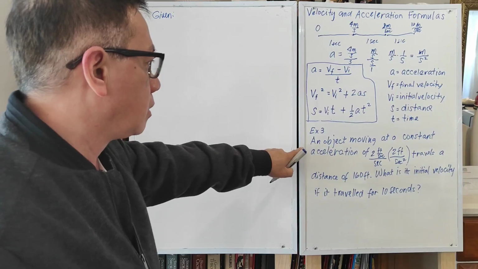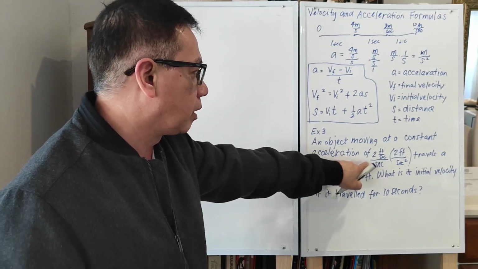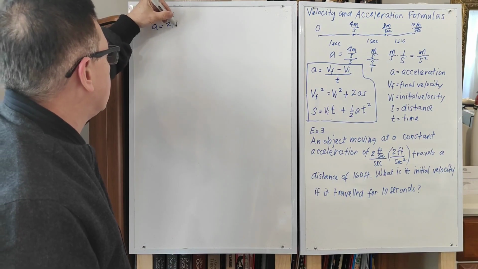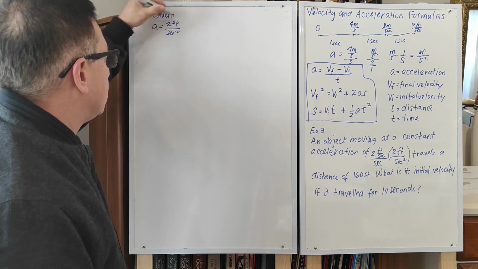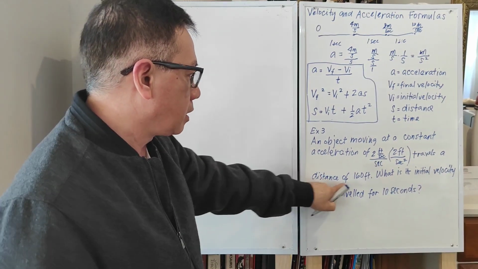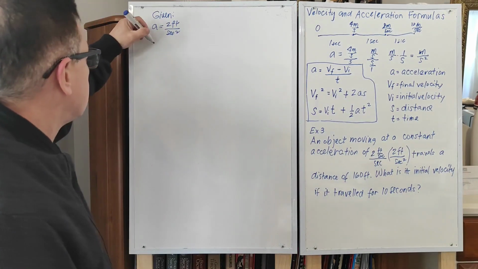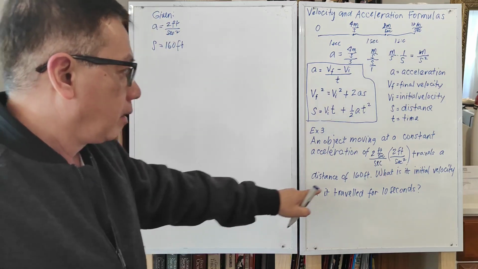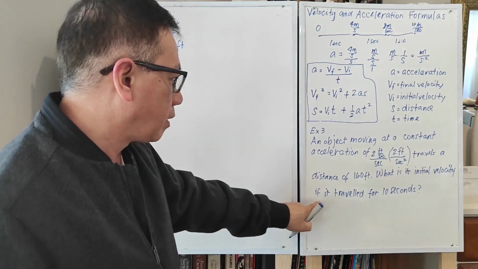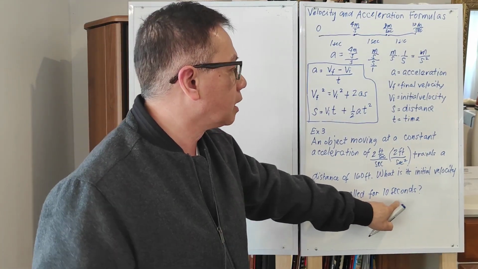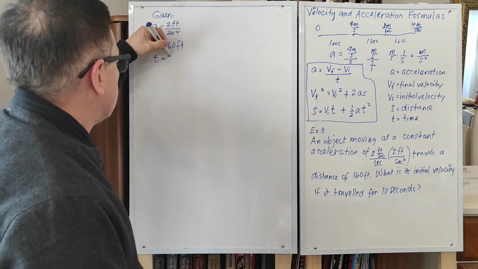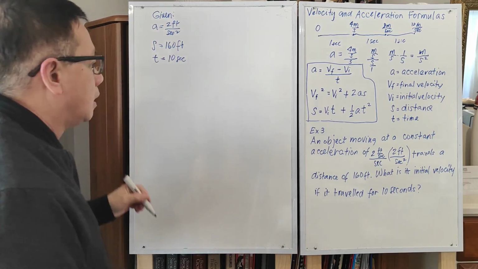Moving at a constant acceleration, so we have acceleration of 2 feet per second squared. Travels a distance of 160 feet, so we have a distance of 160 feet. Now 10 seconds is a unit of time, so the time is 10 seconds.